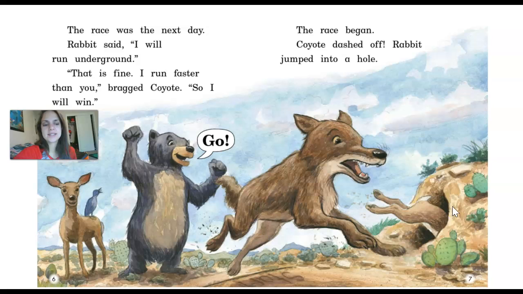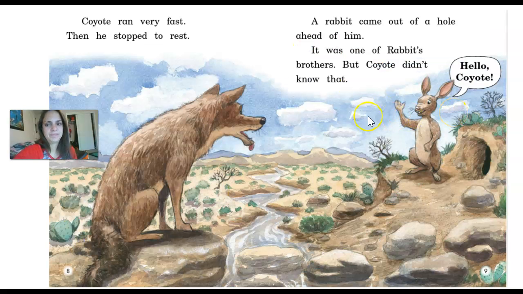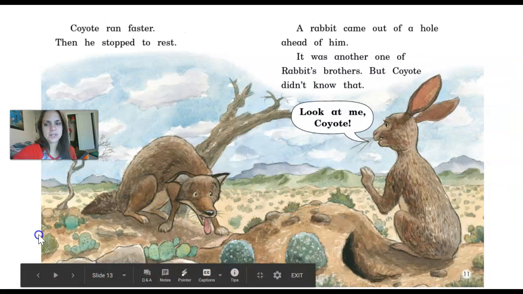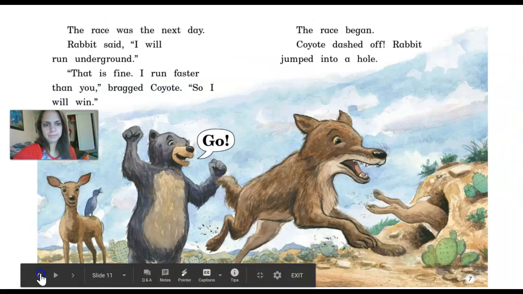Look at page 6 and 7. There's Coyote. Find Coyote's name on page 7. Here's Coyote. Coyote. If I go back to page 6 and 7, where's Rabbit?